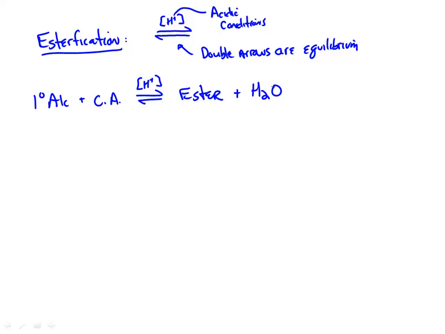And by the time we get to carboxylic acids and esters, since we've been drawing them so much, you'll probably recognize them pretty easily. So here's my alcohol. Here's my carboxylic acid. And this is a reaction that I want you to pay attention to the mechanism for. Otherwise, it's very easy to get screwed up what's happening.